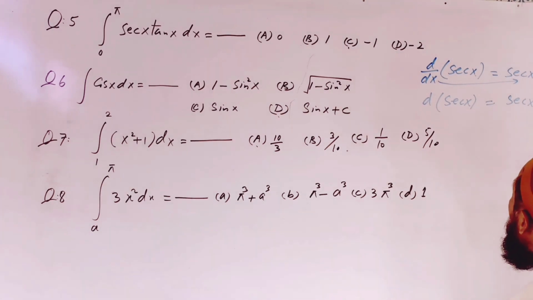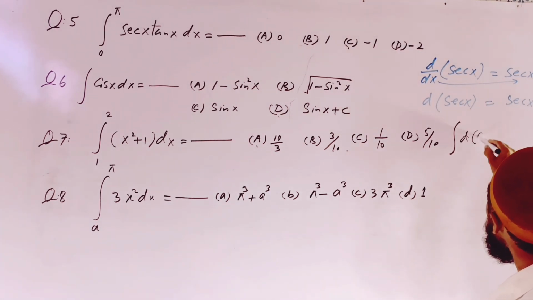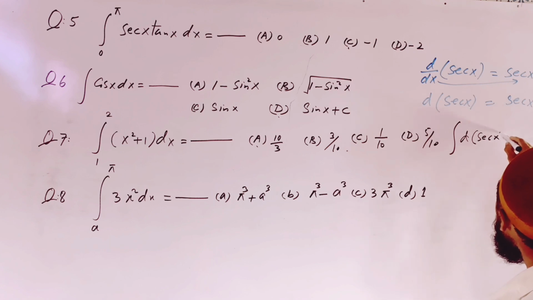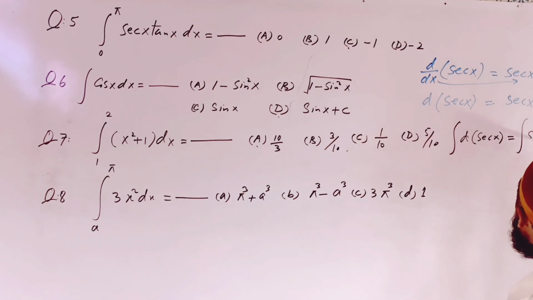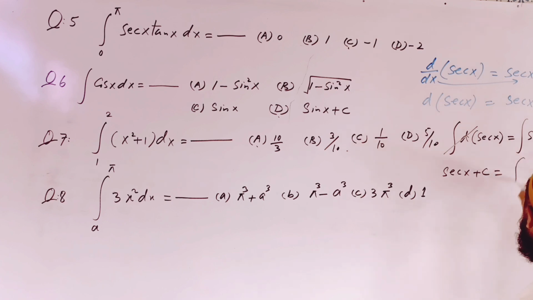Now applying integration, integration of d secant x and integration of secant x tangent x dx, both are cancelled. We get secant x plus c is equal to integration of secant x tangent x dx.